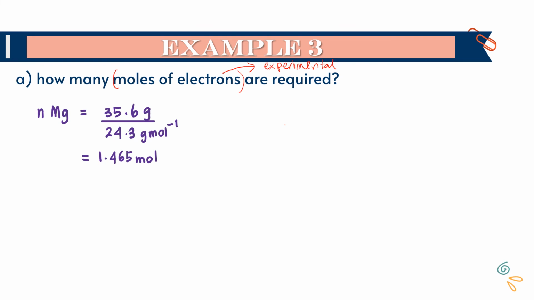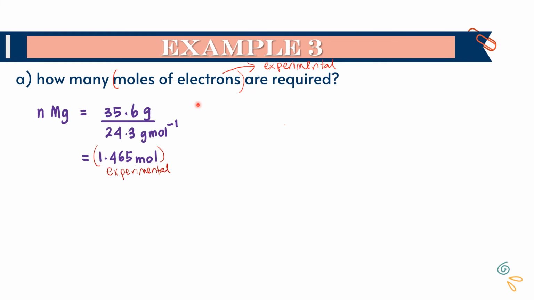Kita nak apa? Kita nak mole of electron, experimentally. So, again, this is also value experimental. Okay, kita nak berapa elektron experimentally. So, kita nampak dekat sini macam kita perlu buat stoichiometry. Stoichiometry antara number of mole of magnesium with number of mole of electron. Boleh ke tak? Kalau awak check balik, yes, kita boleh buat stoichiometry.